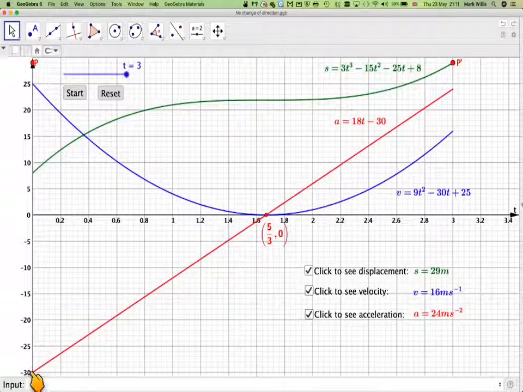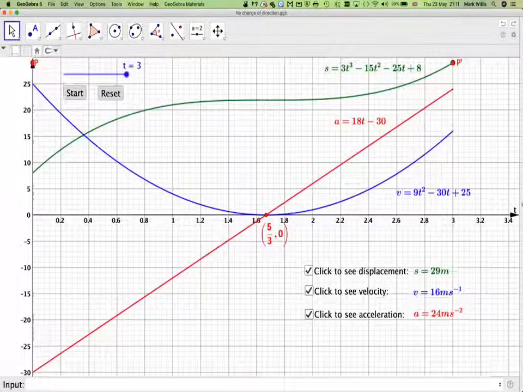Starting at minus 30 and then becoming less and less negative, having the effect of slowing the particle down, and here it changes and then increases in the positive direction, therefore the particle will speed up. But the important thing is that the particle does not change direction.